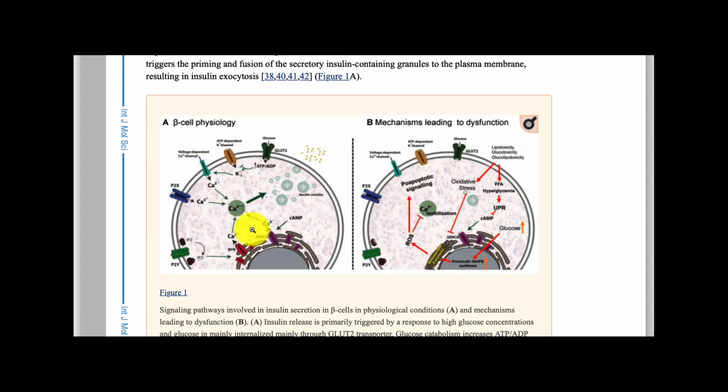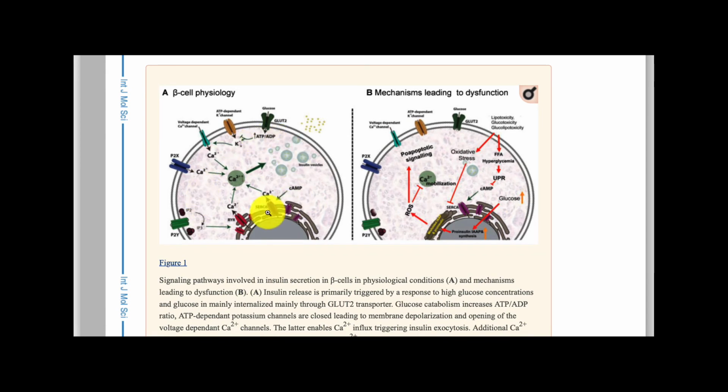So the beta cells require calcium signaling, they require glucose to enter the beta cell, and when the glucose enters the beta cell, we have this conversion from ATP to ADP, and basically it's a very complicated process which allows these insulin vesicles to be released into the blood.